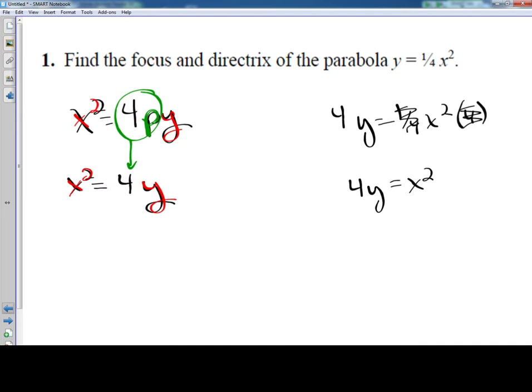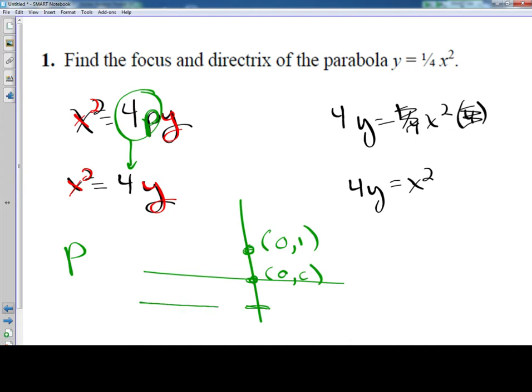When p is 1. Therefore, the distance from my vertex to my focus is 1. So this would be 0, 1. My vertex is at 0, 0. So if my focus and my directrix are equidistant from the vertex, then where is my directrix? It's at -1. Down here 1 unit, right? But it's a line. So I have to give it an equation, y equals -1. And there it is again.